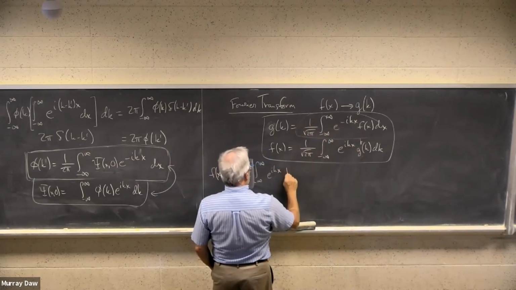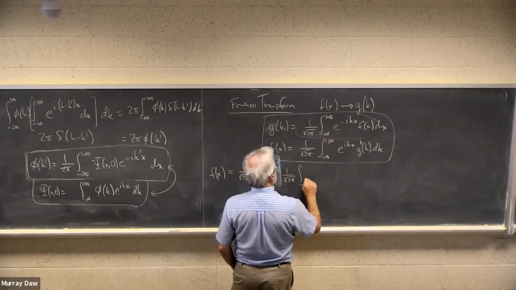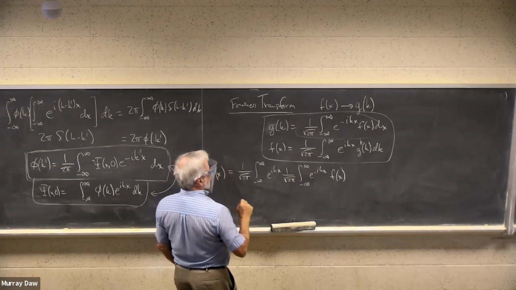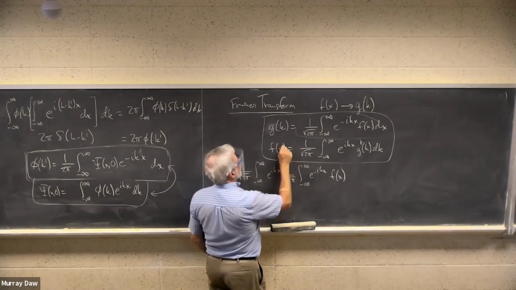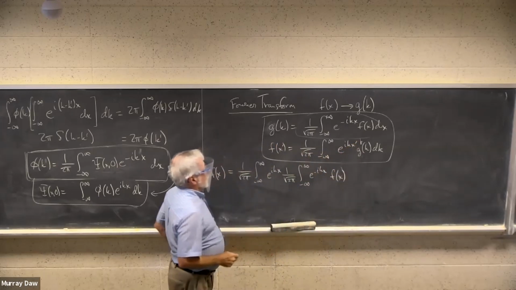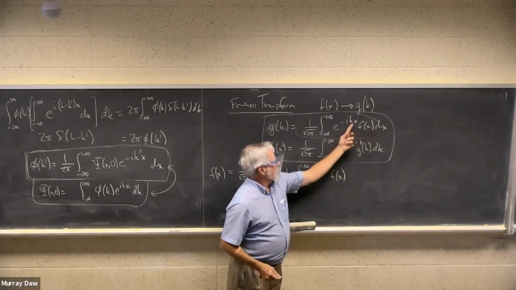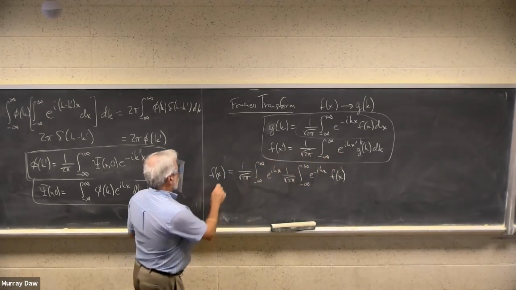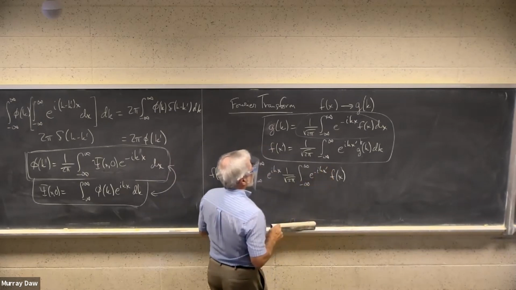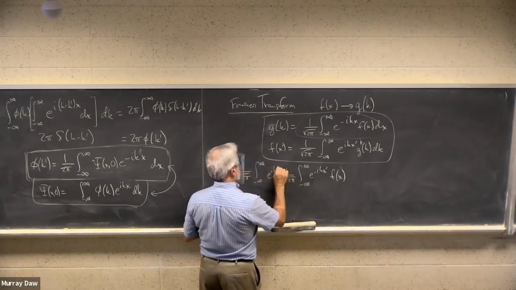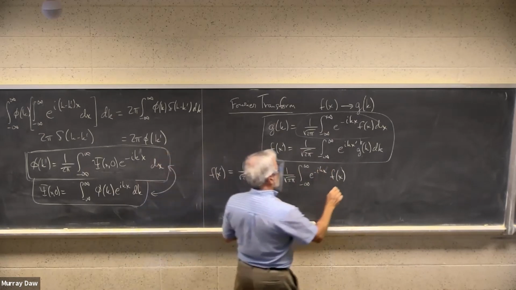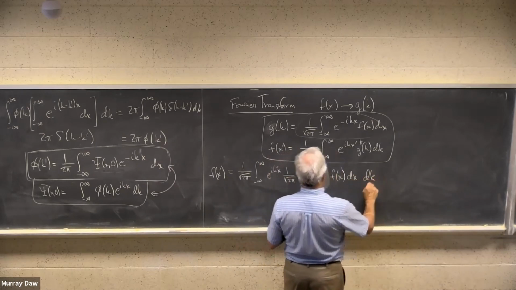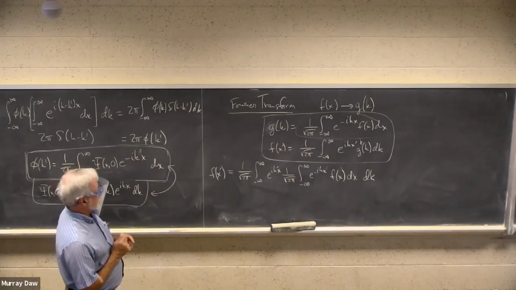So now for g of k, we put all this. I've got to be careful. I've got too many x's floating around here, so I need to write this with a prime. If I substitute for g of k, this integral involving x, I've used x in 2 different places. They're not the same thing. So I'm putting a prime on this for this demonstration. This is an integral over x prime. Let's see.